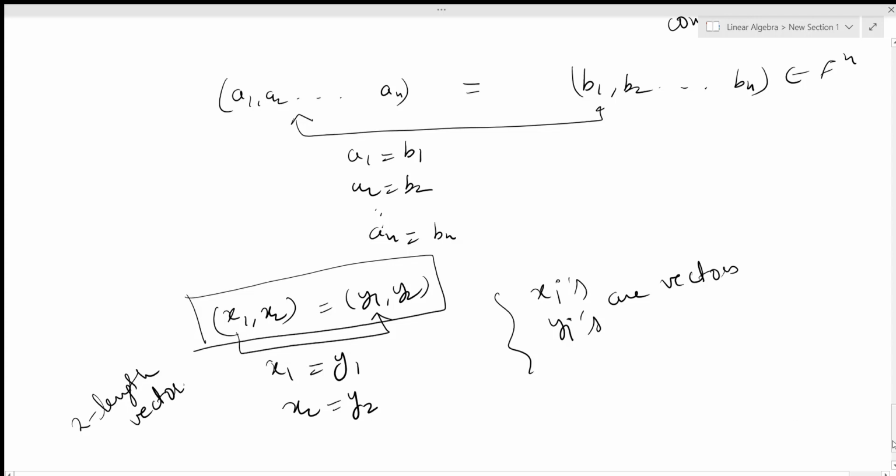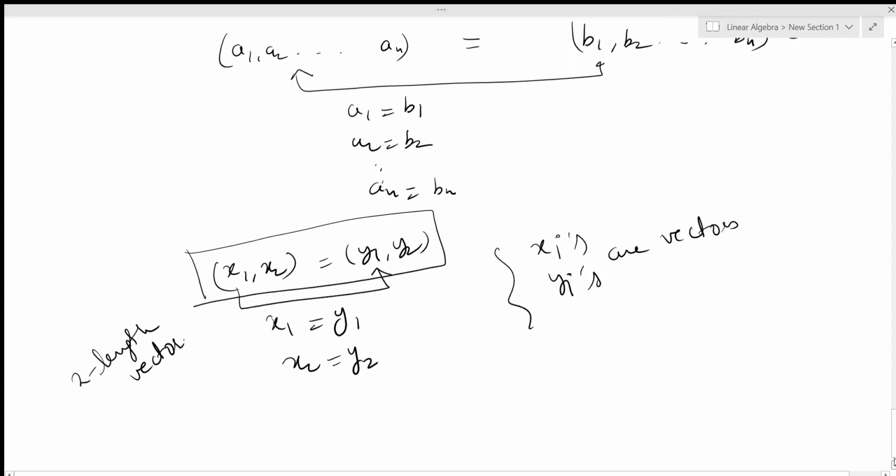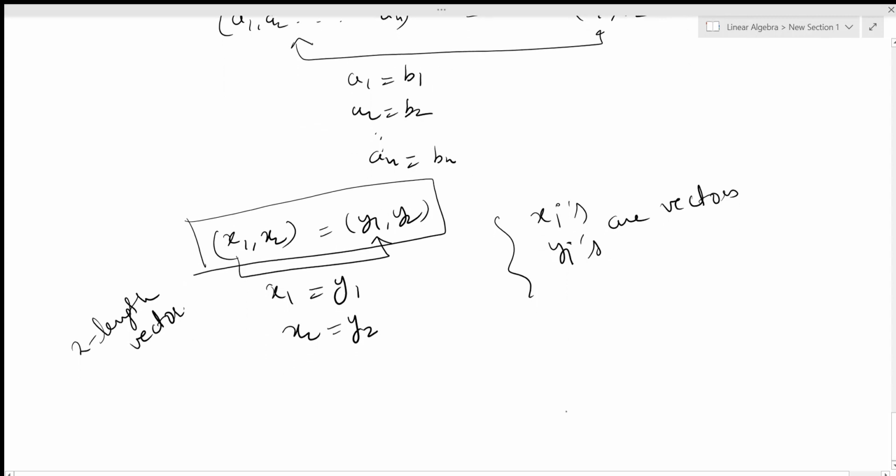Now there is a term, row vector. A row vector means you have this type of notation, a1, a2, up to an, where the a_i are vectors. And a matrix consisting of vectors is given similarly.